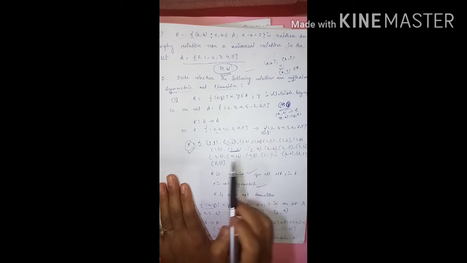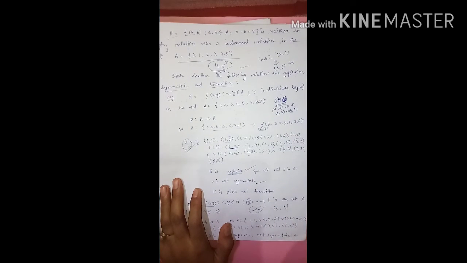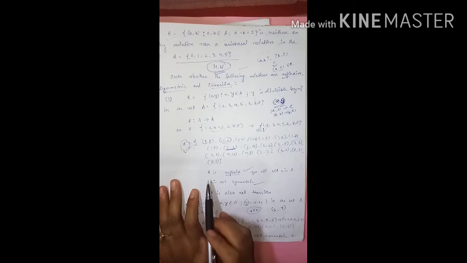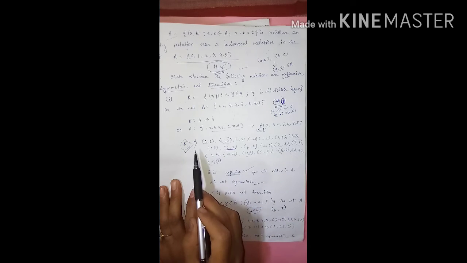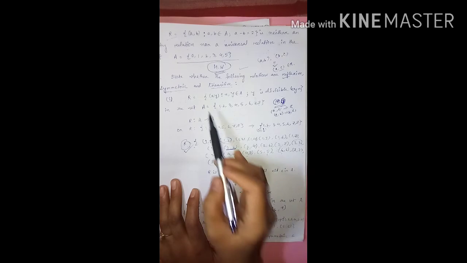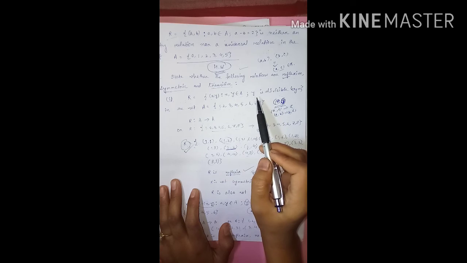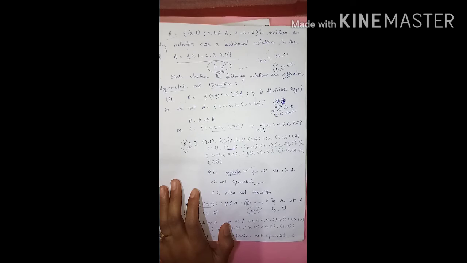I have already discussed this with you, so again I am not going to repeat it, right? Here we have concluded that R is reflexive for all elements in A. So this relation is reflexive but neither symmetric nor transitive. So the example will be R equal to (x, y) such that (x, y) belongs to A, y is divisible by x, in the set A, right?